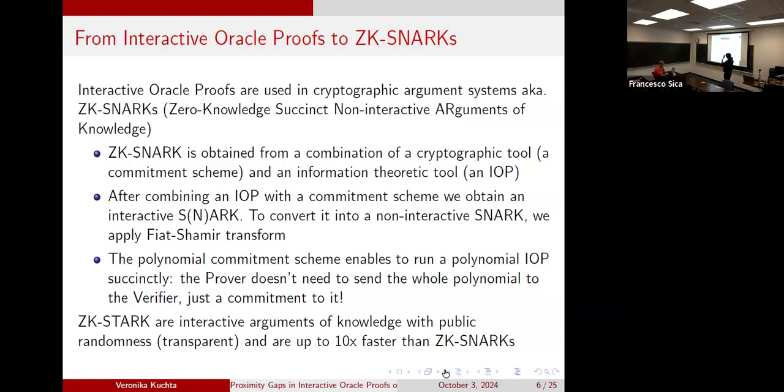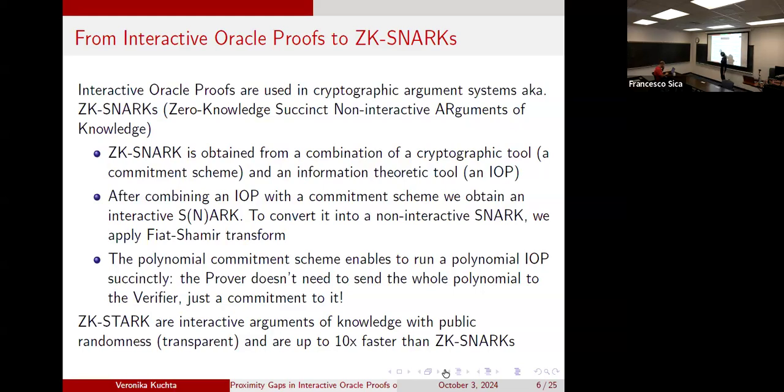Okay, how are those ZK-SNARKs obtained from those information theoretical proof systems? It is obtained from a combination of a cryptographic tool, as I mentioned before, which is a commitment scheme, and an information theoretic proof, like an IOP, interactive Oracle proof. But after we have combined an interactive oracle proof with a commitment scheme, we do not obtain a non-interactive proof, right? You know now that an interactive oracle proof is an interactive system, right?